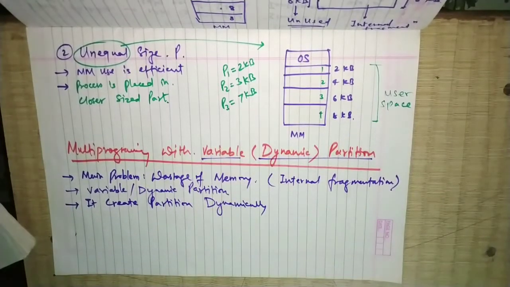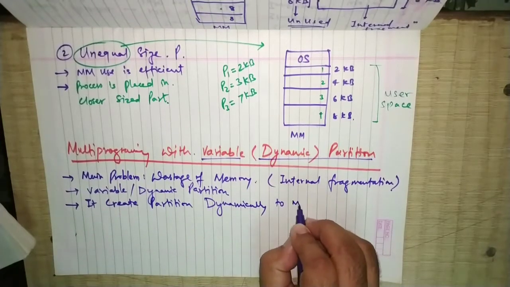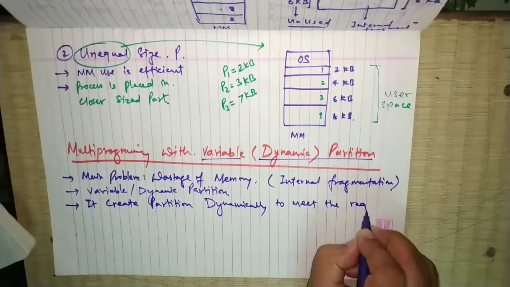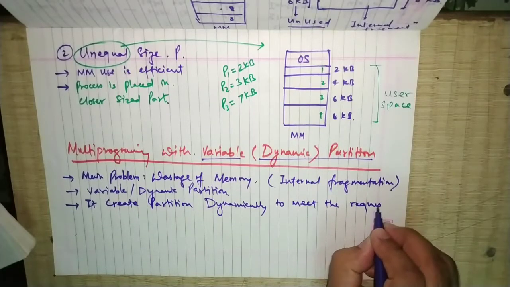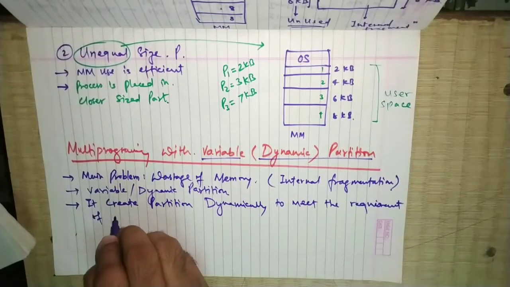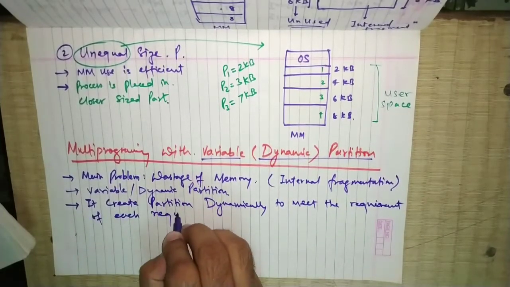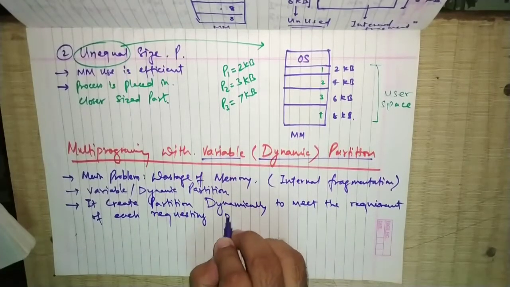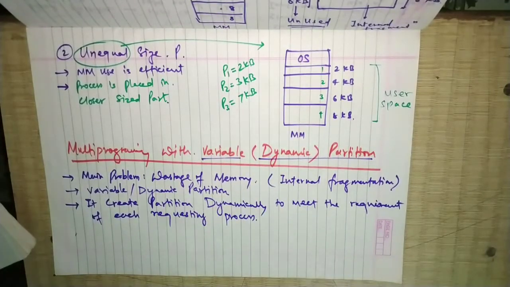Now how this will create a partition dynamically, we'll see. It creates partitions to meet the requirement of each requesting process. If the process is coming with 7 KB, then we will allocate the memory of 7 KB only.